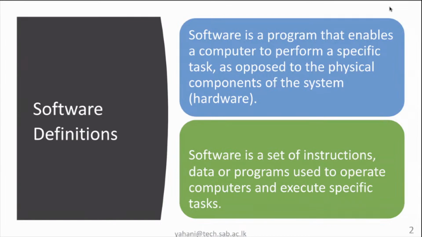Okay, then the second definition says that software is a set of instructions, data, or programs used to operate computers and execute specific tasks.